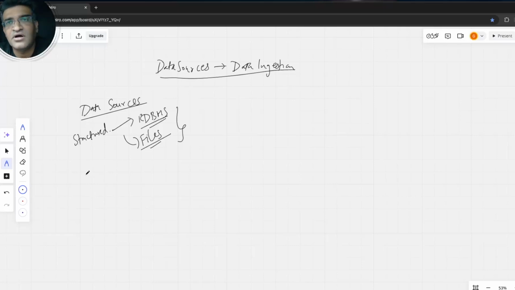Then unstructured data. Now this can come from multiple source systems. Since 2010 onwards, with the rise of Hadoop and all, we saw a lot of social media feeds coming in. It can be Facebook, Twitter tweets, Instagram comments. A lot of things are there these days. So all this is unstructured data. Why do we need this kind of data?